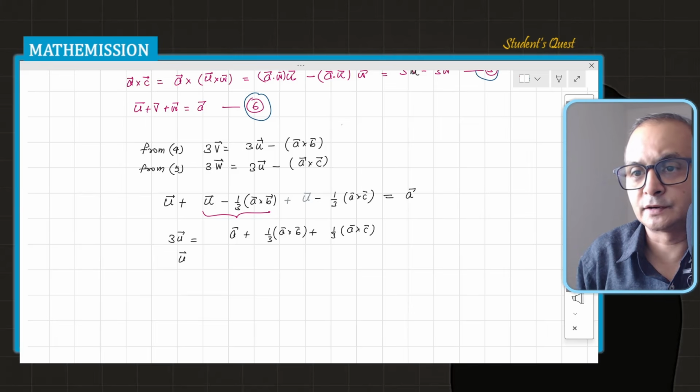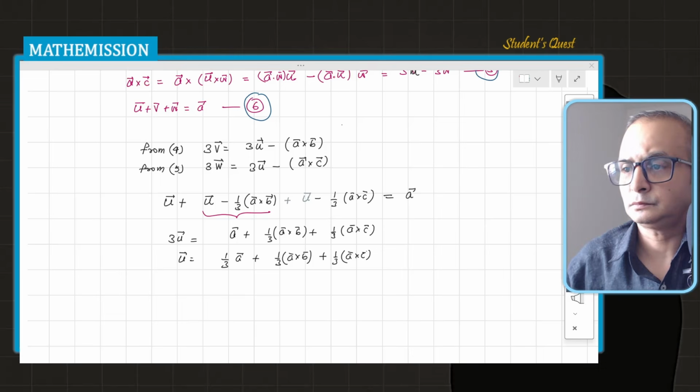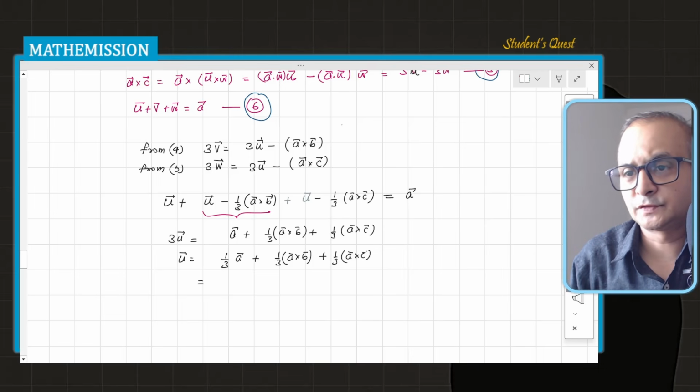So I'm getting u vector as 1/3 of a vector plus 1/3 of a cross b plus 1/3 of a cross c, which is further written as 1/3 a, and from there I can take this 1/3 common. We can write a cross b plus c.